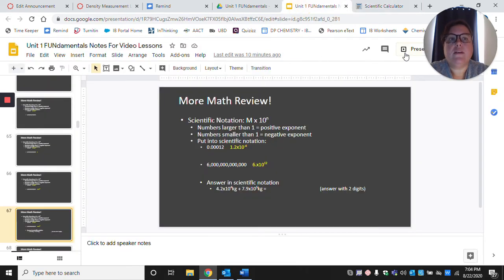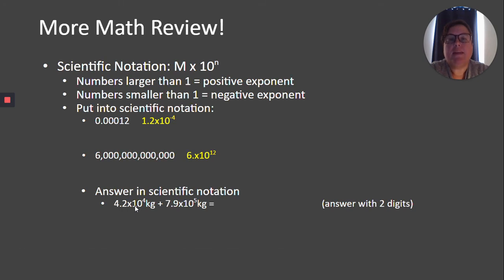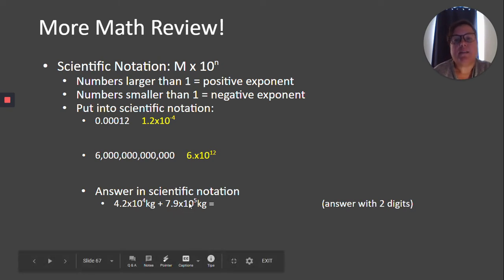So if we're going over this first problem, we would type into our calculators 4.2. Then we're going to use that special button to represent the times 10. So 4.2, and then that special button, either the double E or the EXP, and then you just have to type in the exponent, which would be a 4, plus 7.9, that special button, 5, and then equals.